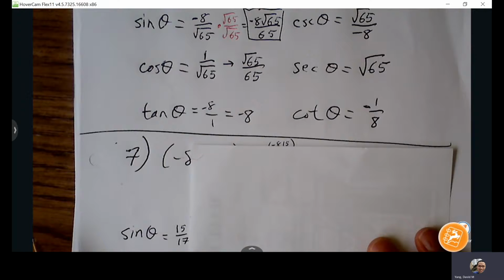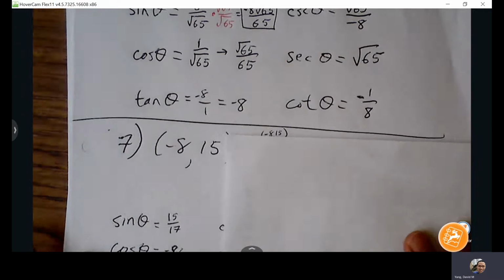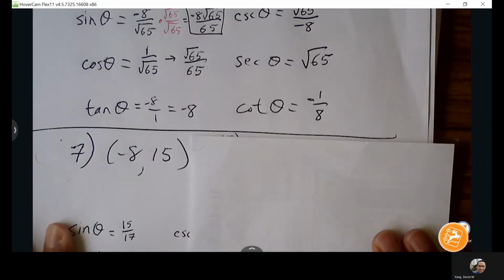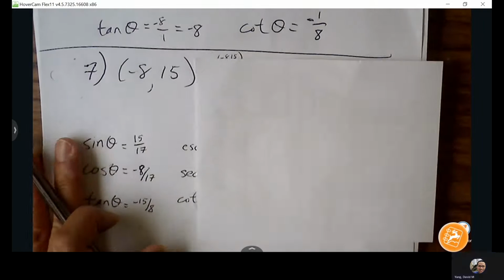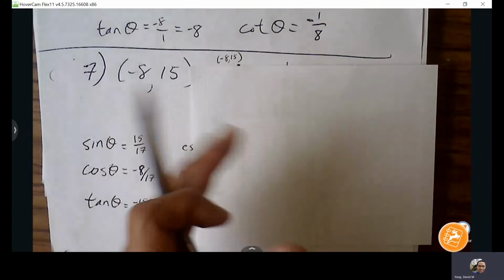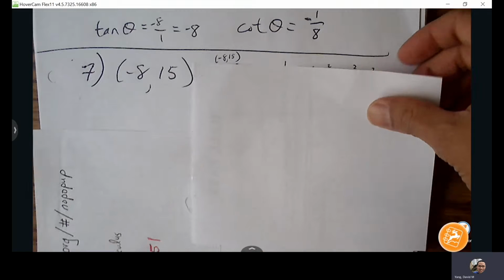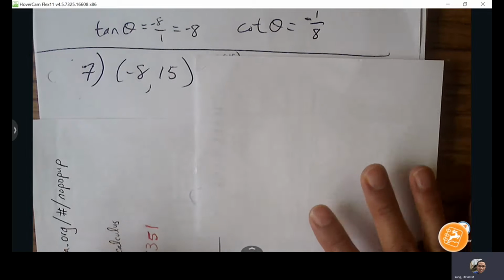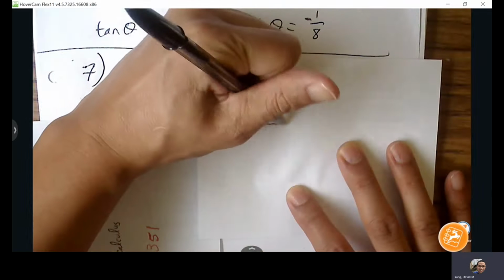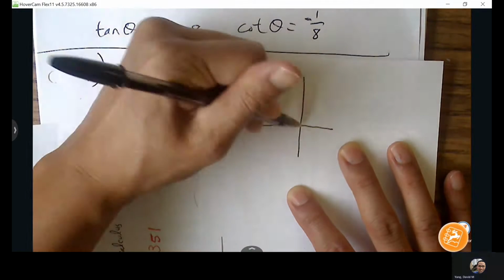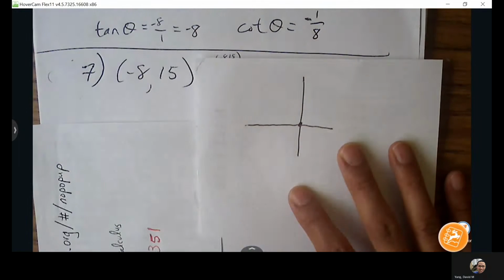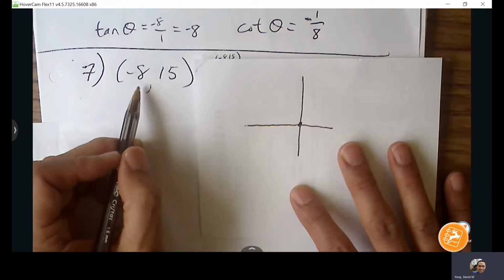Okay, number 7. The ordered pair is negative 8, 15. So the first thing you want to do is estimate where you think that ordered pair is.